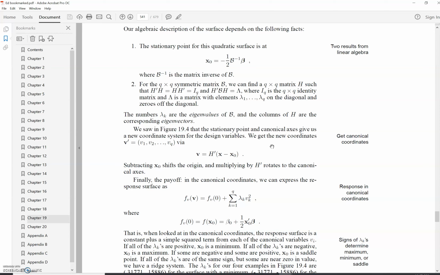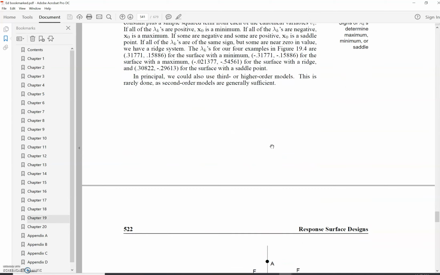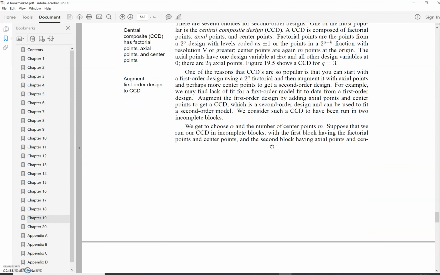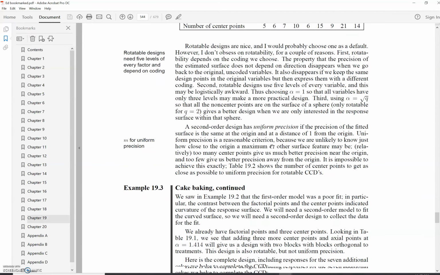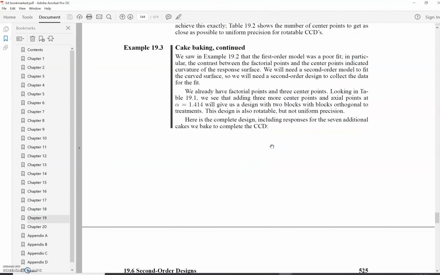If you need help on that, just let me know, but I wouldn't worry too much. You can see it's just a decomposition of the matrix. That's all that it really is, and it just creates a projection from that matrix. There we go. Back to the cake baking example.